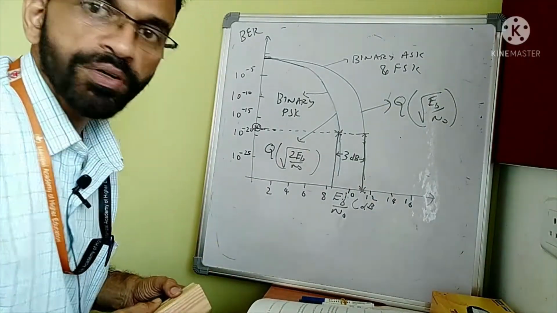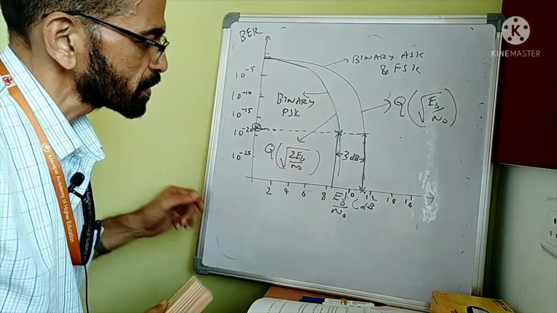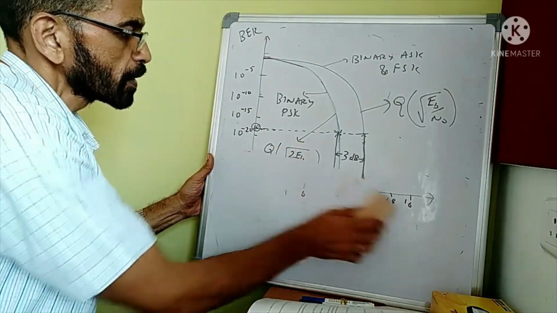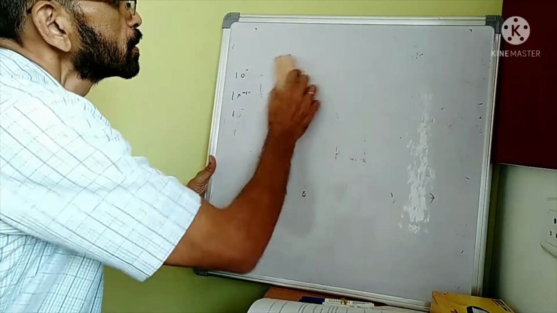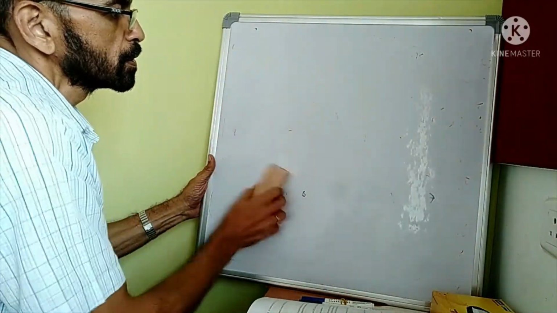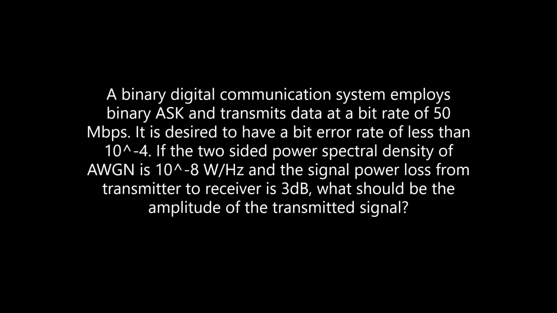Maybe we'll take one more example. A binary digital communication system employs binary amplitude shift keying and transmits data at a bitrate of 50 megabits per second.